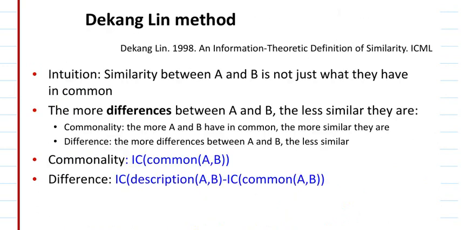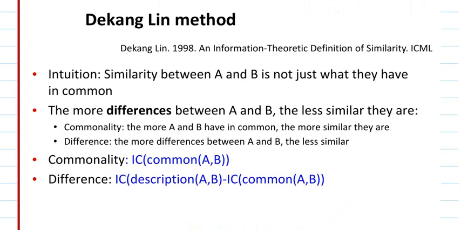Now Lin also defined a similarity, with a little difference from Resnik. Lin proposed that the more different the concepts are, the less similar they are. So if two concepts have higher differences, they are much less similar, right?